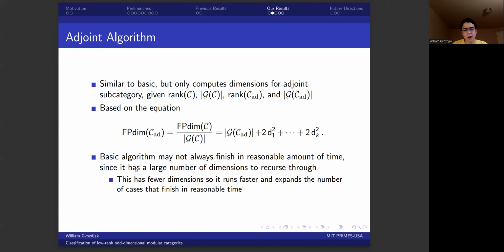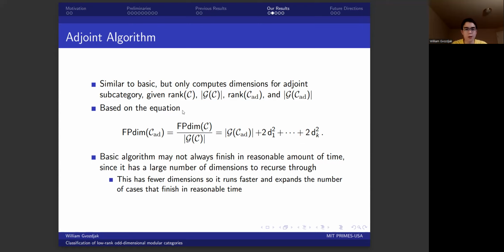So you can see here that the initial starting equation followed a really similar format, but the only difference is that we are considering exclusively dimensions and simple objects inside of the adjoint component. And what this does, obviously, is that in the adjoint component, there are fewer simple objects, which means that there are fewer unknowns, so the recursion has to go to a smaller depth. So it has a higher likelihood of finishing in a reasonable amount of time.